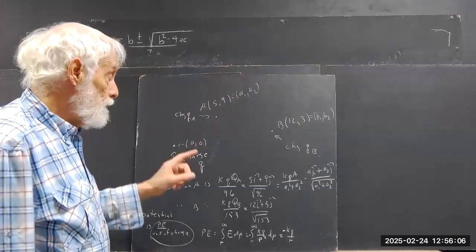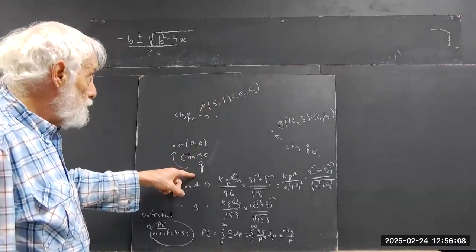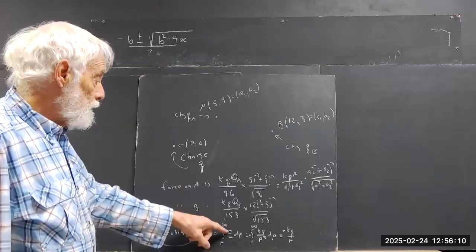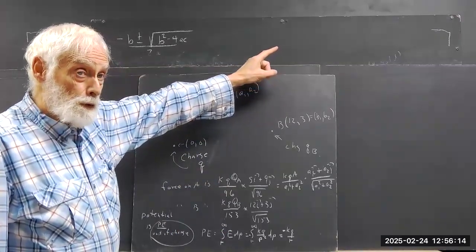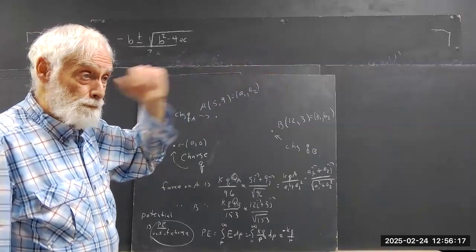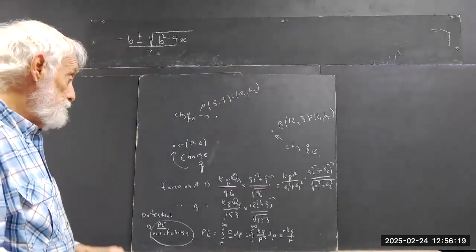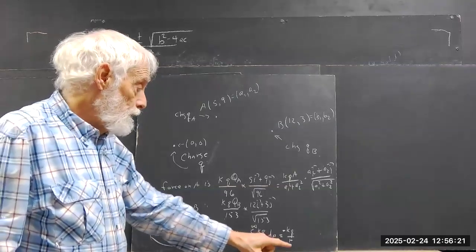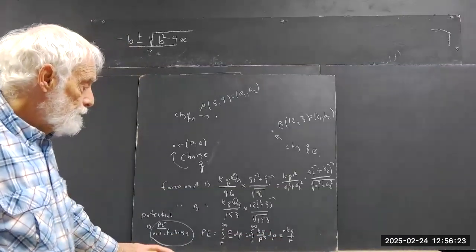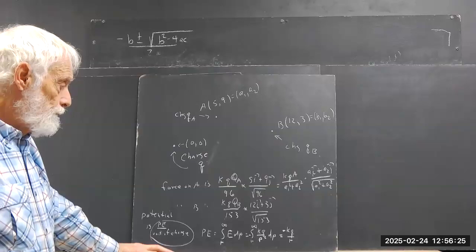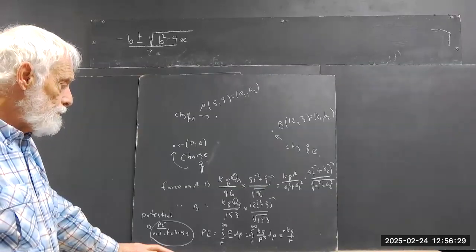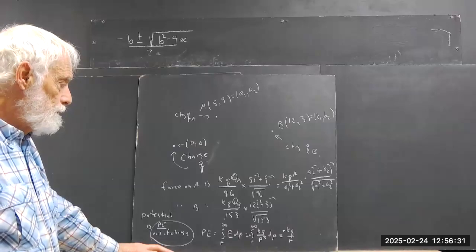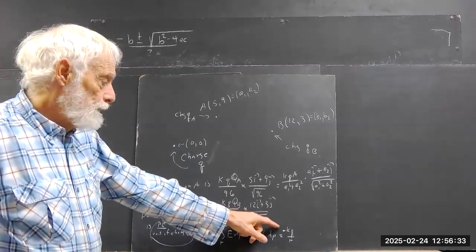And you're moving that way, so if this is a positive charge, your electric field will be in the direction of your motion. And we get this, if the signs are right.